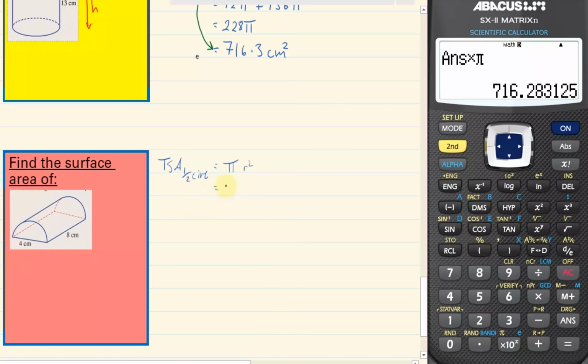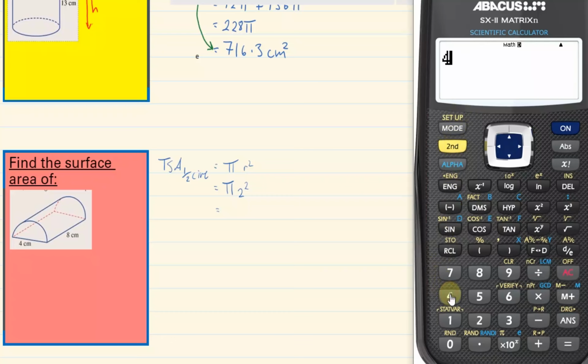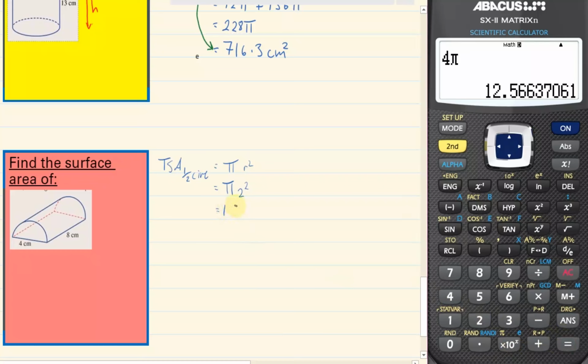So we can work out that that is pi times 2 squared, which is 4 pi. So 4 pi is 12.6. Okay, we've got half circle there.